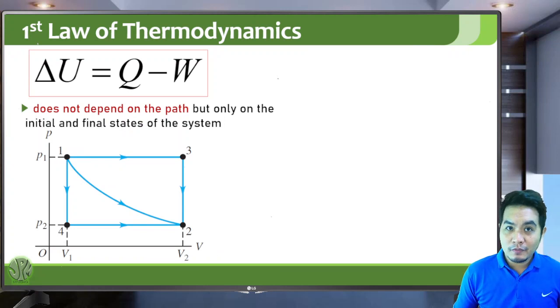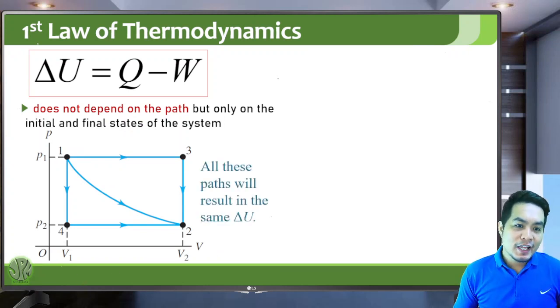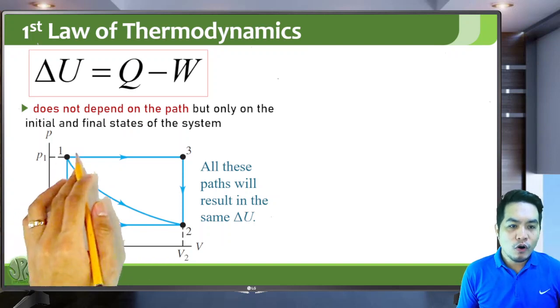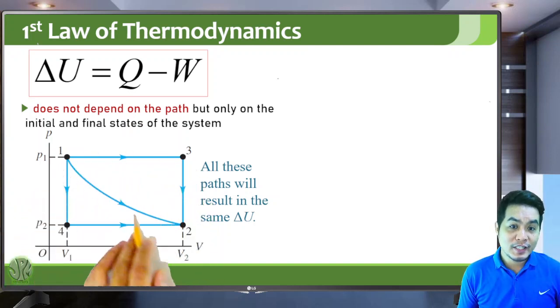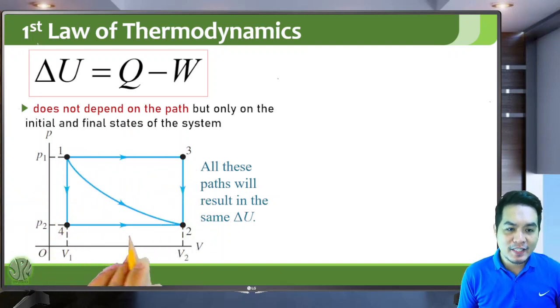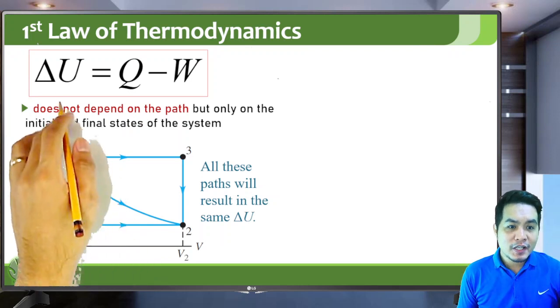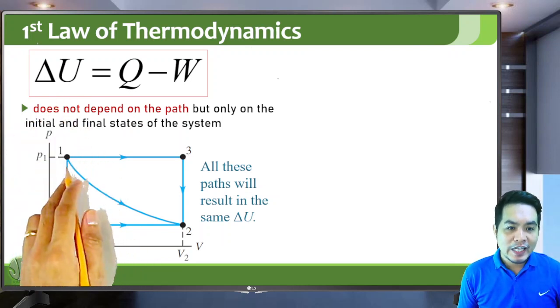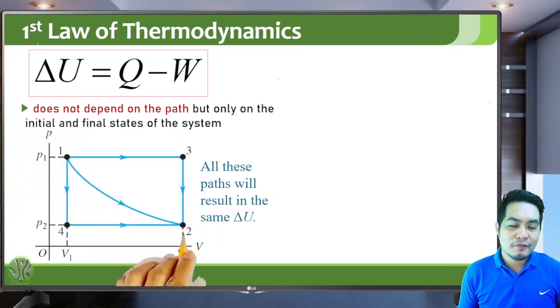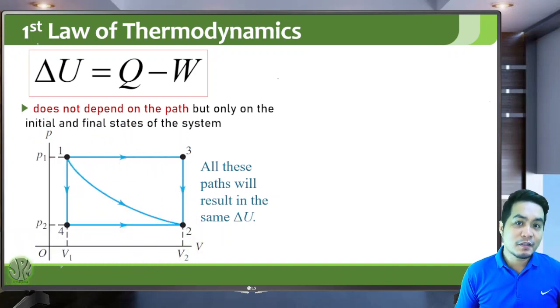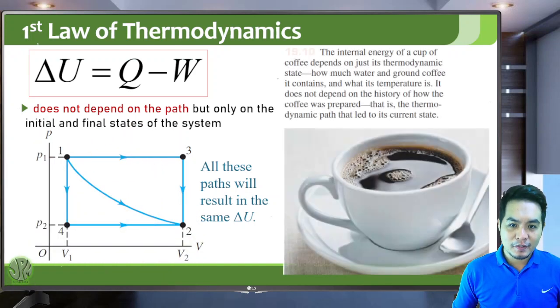So the work will change depending on the path. But the change in internal energy for all of these paths is the same, because the change in internal energy only depends on the initial state and the final state, and it doesn't matter what the path is.